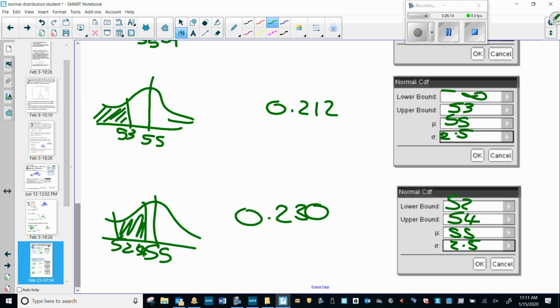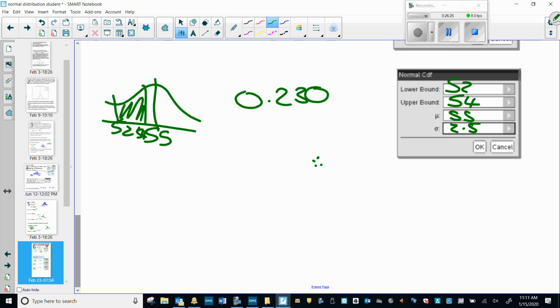Just something to be mindful of. I'll see if I can find some past paper questions. But if, for example, you were told this value is 60 and you were asked to find the probability of something being 62, okay?